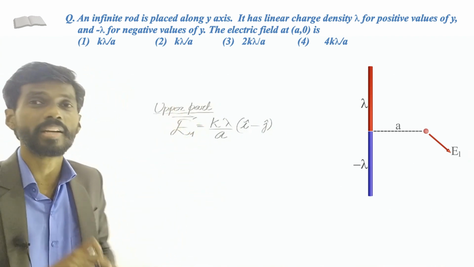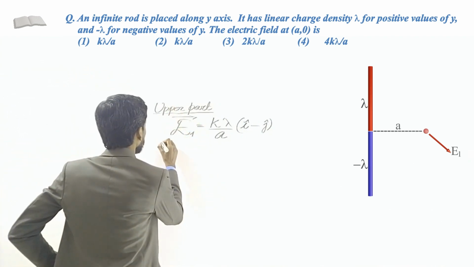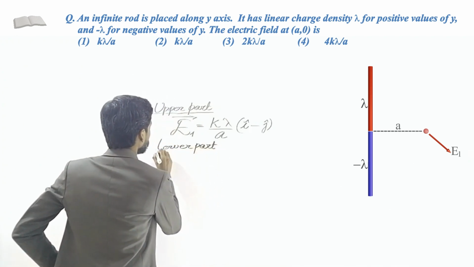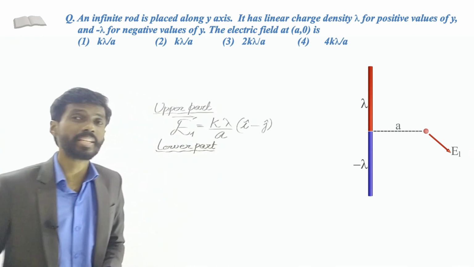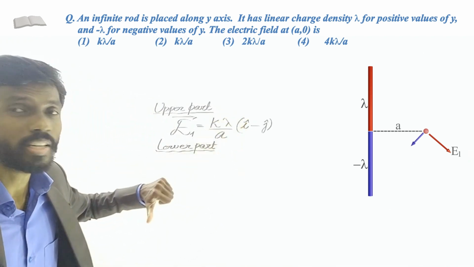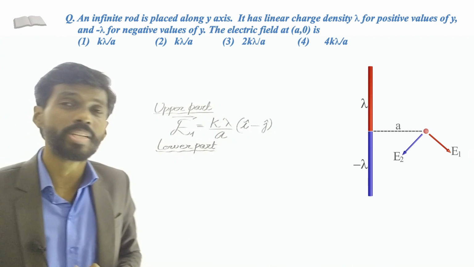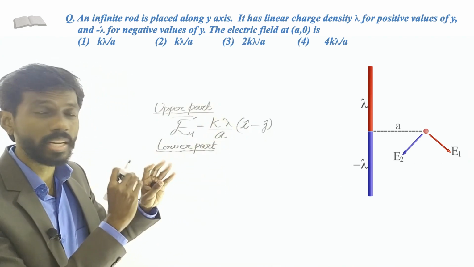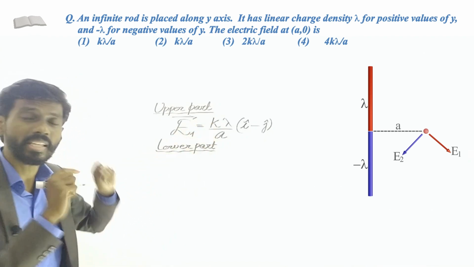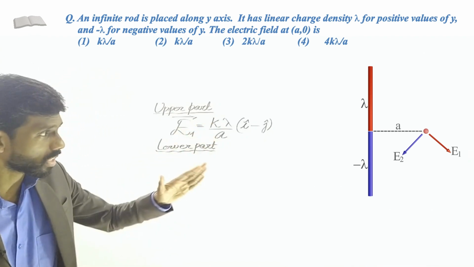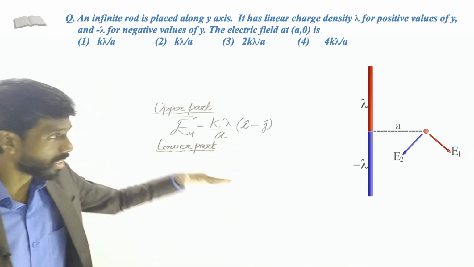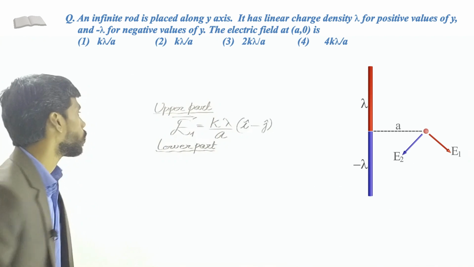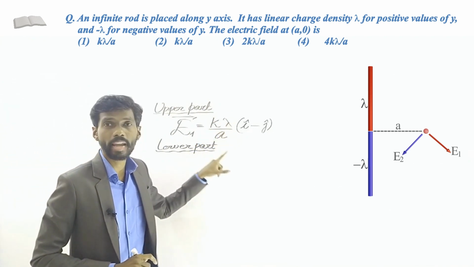Okay, done. Similarly, we'll find the electric field due to the lower part. But this time the lower part is negatively charged. That means the electric field will be towards the charge, right? For a negatively charged object, the electric field will be towards the charge. So again it makes an angle of 45 degrees, but towards the charge. So this direction. This also has two components, one in the horizontal direction and one in the vertical direction. Horizontal direction means the negative x-axis, right? And vertical direction, the negative y-axis. But it has the same value, k lambda by a.